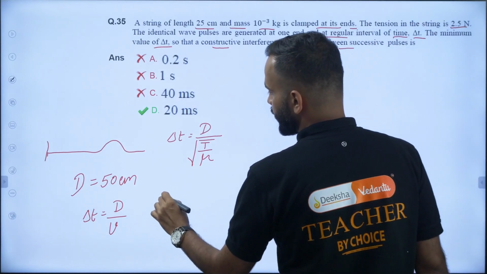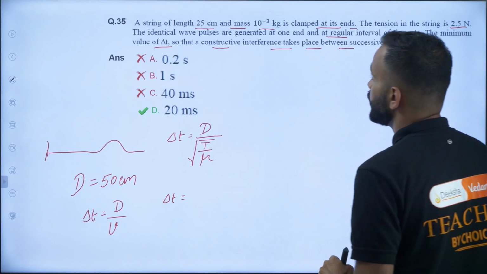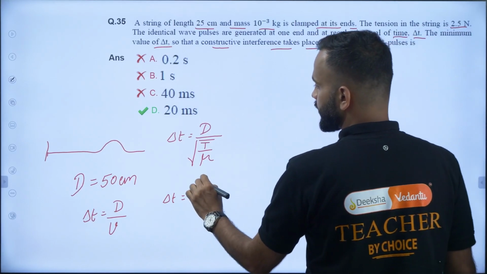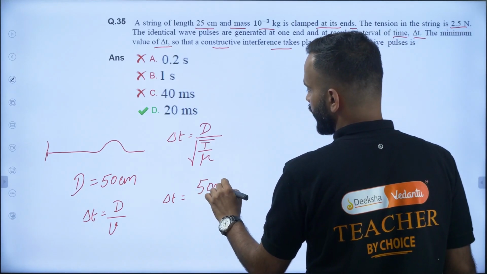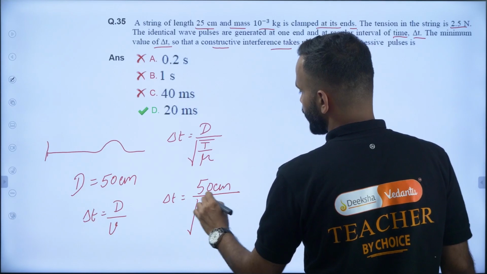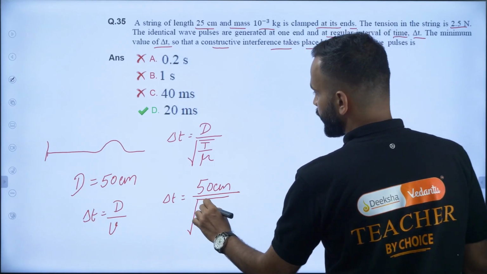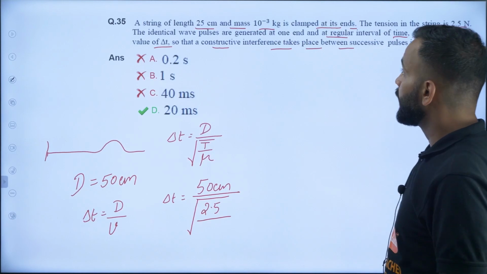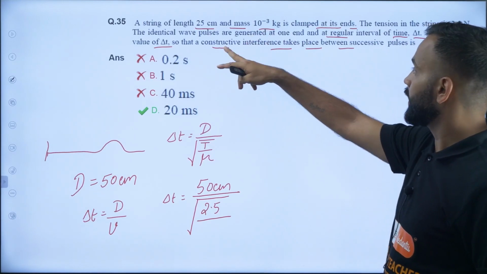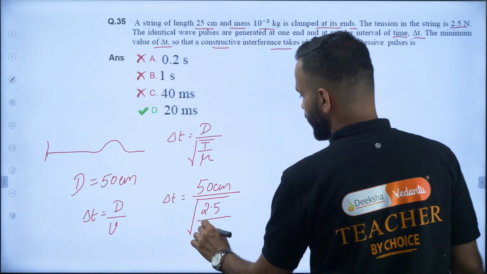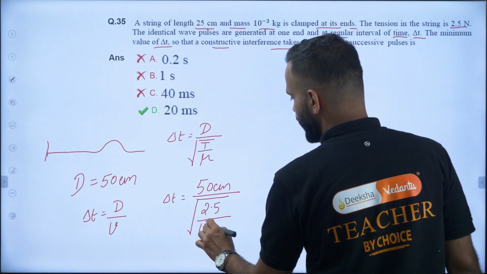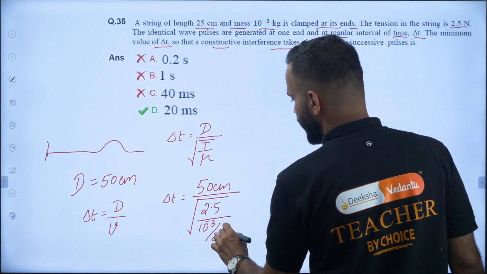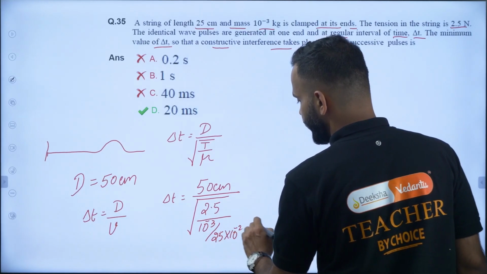So now delta t is equal to 50 centimeter divided by root of T, where T is 2.5 Newton, divided by mu, the mass per unit length, that is 10 to the power minus 3 by 25 centimeter. So 10 to the power minus 3 divided by 25 into 10 to the power minus 2.